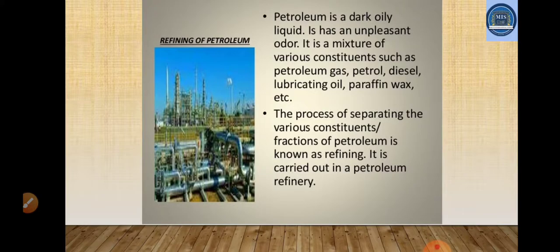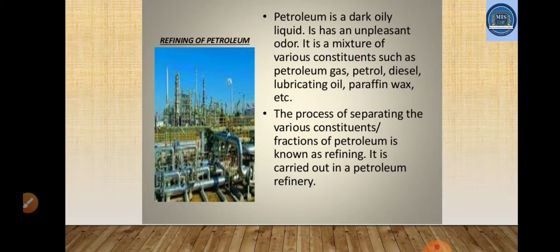So, petroleum is a very important natural fuel. It is a dark oily liquid and has an unpleasant odor. It has a number of constituents which are obtained by its refining process.